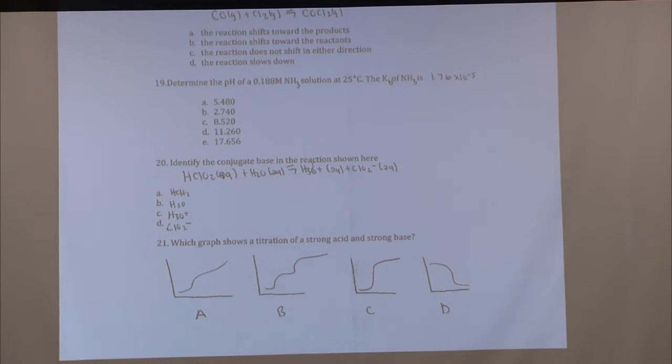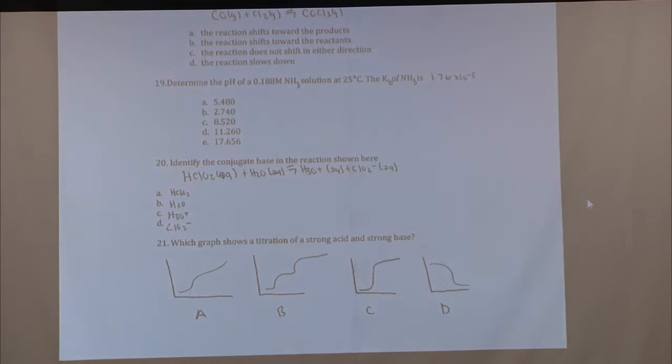So the next question says, identify the conjugate base in the reaction shown here. So we have HClO2 aqueous plus water aqueous at equilibrium with hydronium ion aqueous and ClO2 minus aqueous. So we want to know which one would be the conjugate base. So that has to go with the acid. And what do we know acids do?